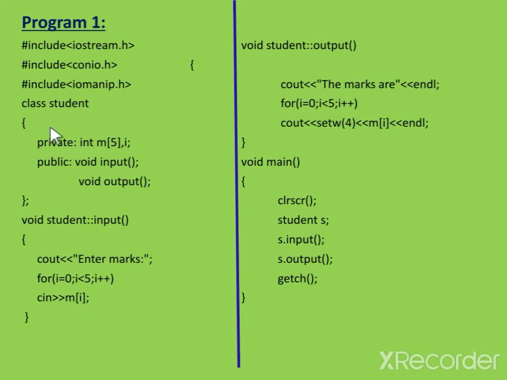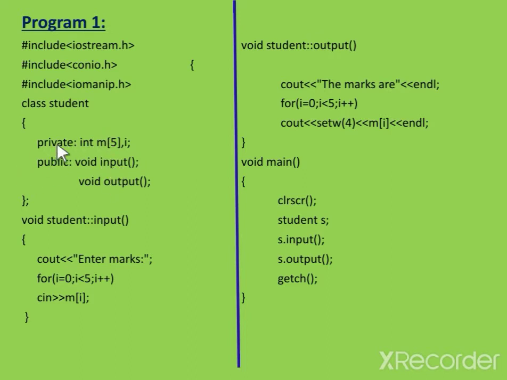Next, class definition. class student, where class is a keyword and student is the class name. Inside the class, under private access specifier, we need to declare the data members.